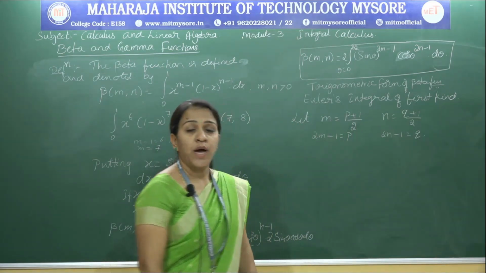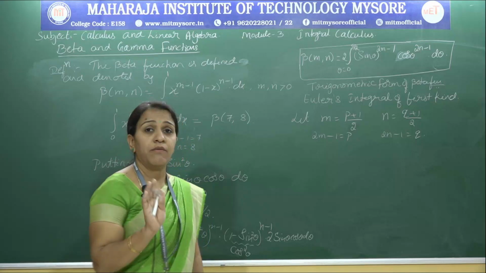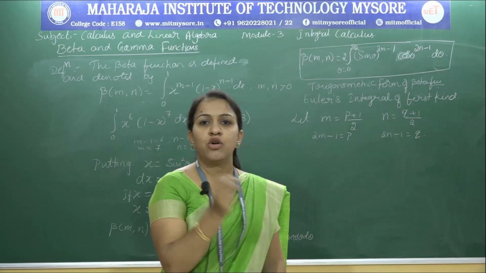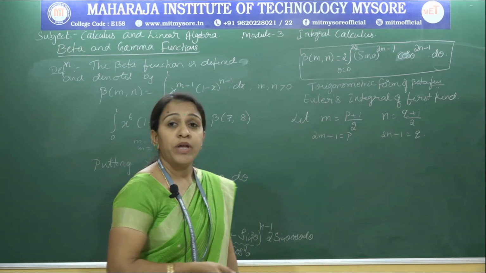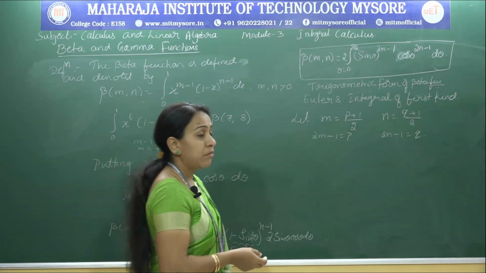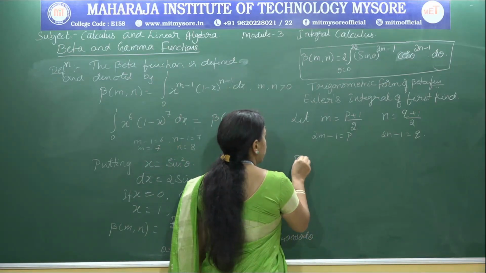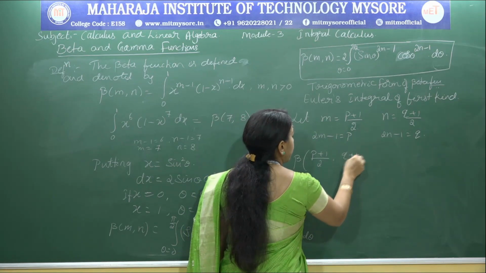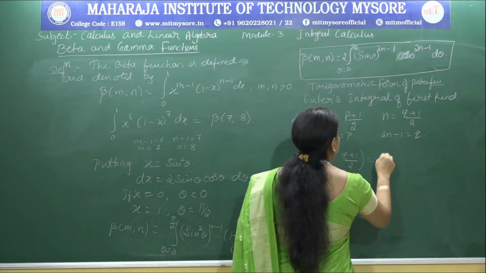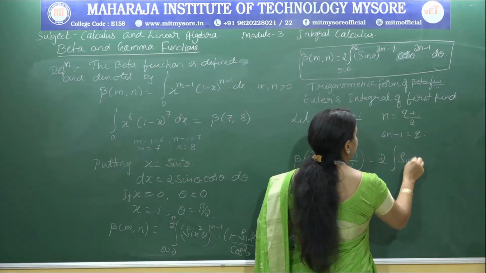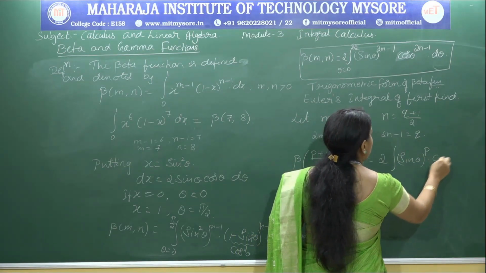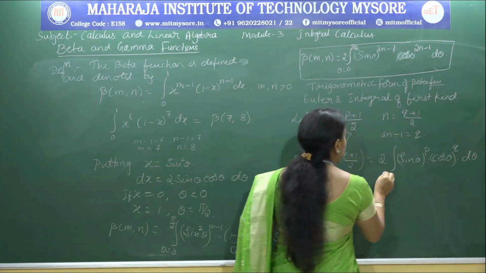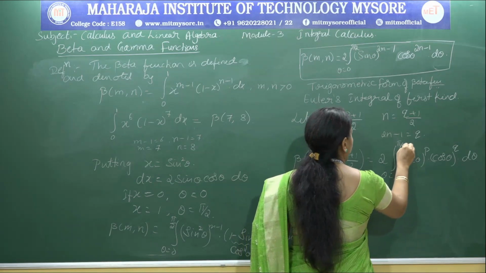I am not disturbing theta, I am just replacing the constants m and n. So the beta function reduces to beta of p plus 1 by 2 comma q plus 1 by 2 is 2 times the integral of sin theta to the power of p into cos theta to the power of q d theta, where theta varies from 0 to pi by 2.